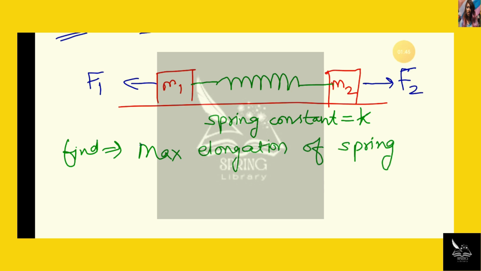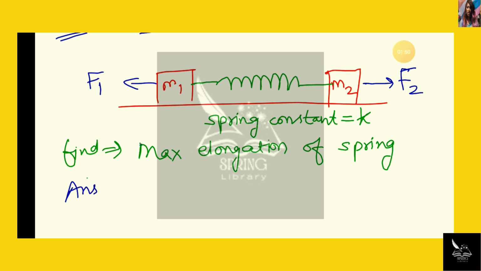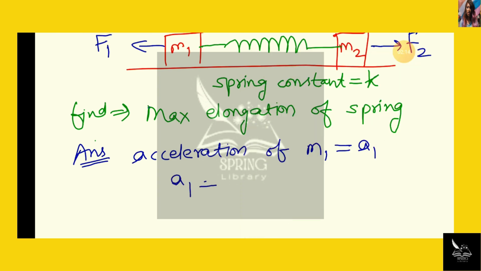In the answer I will say that the acceleration produced in mass m1 is considered a1, and by looking at this figure, the value will be a1 equal to F1 minus F2 divided by m1 plus m2.